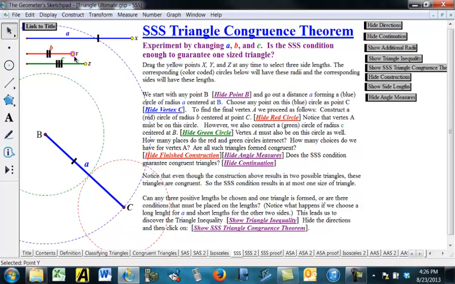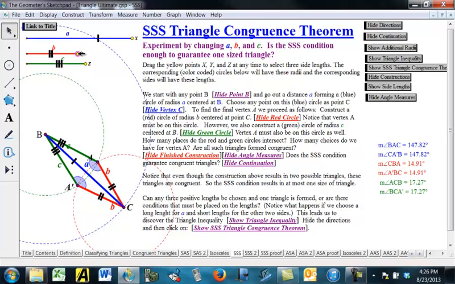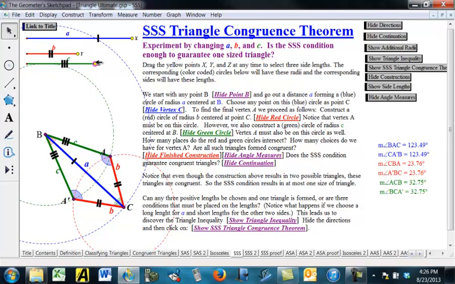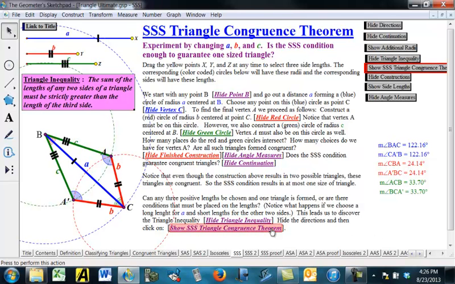If they are just right so that when you add these two, B and C, together you get the same length as A, then that makes a line segment here, which is still not going to be a triangle. So what has to happen is you have to be able to add lengths B and C together, and it has to be more than the length of A, the longest side. Or in general, add any two lengths and get more than the third one, and that's called the triangle inequality. The sum of the lengths of any two sides of a triangle must be strictly greater than the length of the third side.